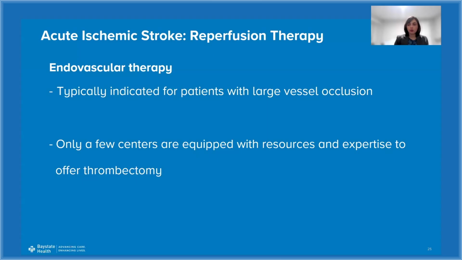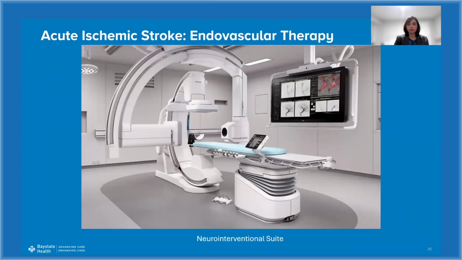Now coming to the endovascular treatment. This is typically indicated for patients with large vessel occlusions. We know that only a few centers are equipped and capable to offer thrombectomy, and Bay State is one of those centers.